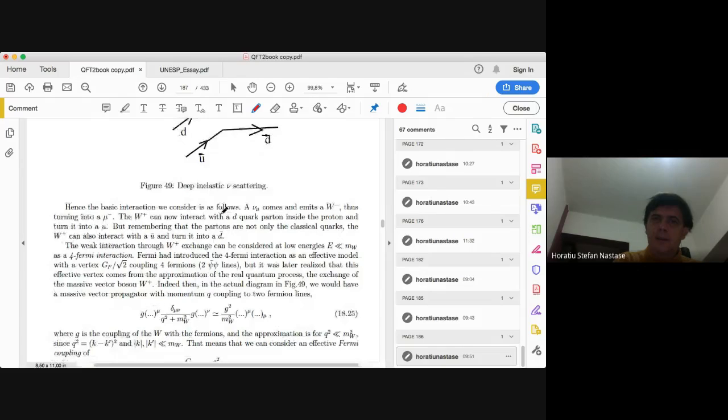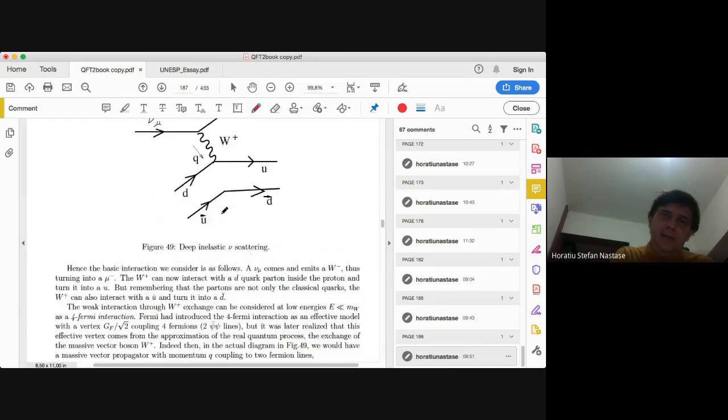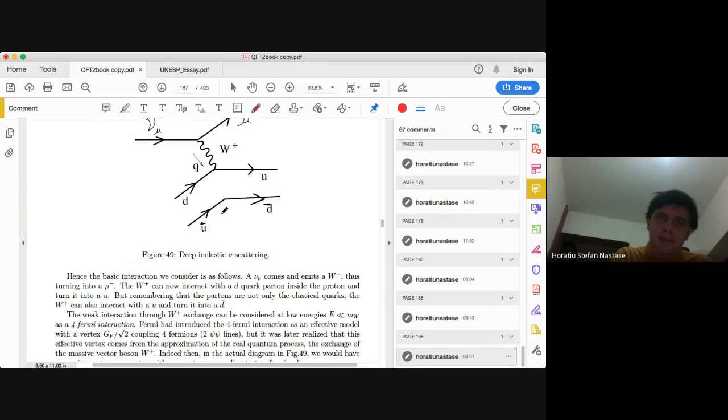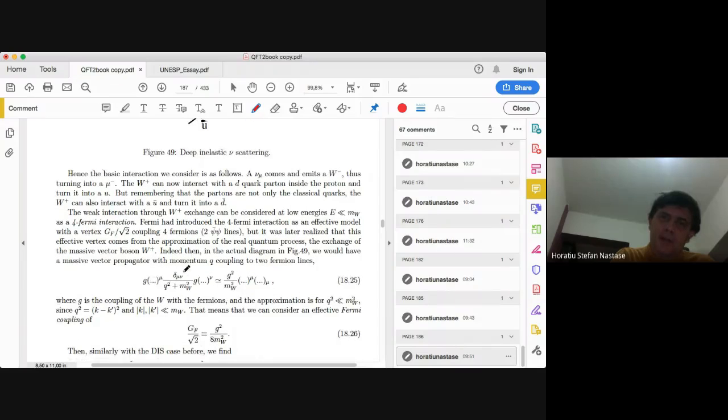So if you're looking at low energies, at energy much smaller than that mass, what you see is basically a 4 Fermi interaction. So basically, there's no propagation for this W, because it has very high mass.